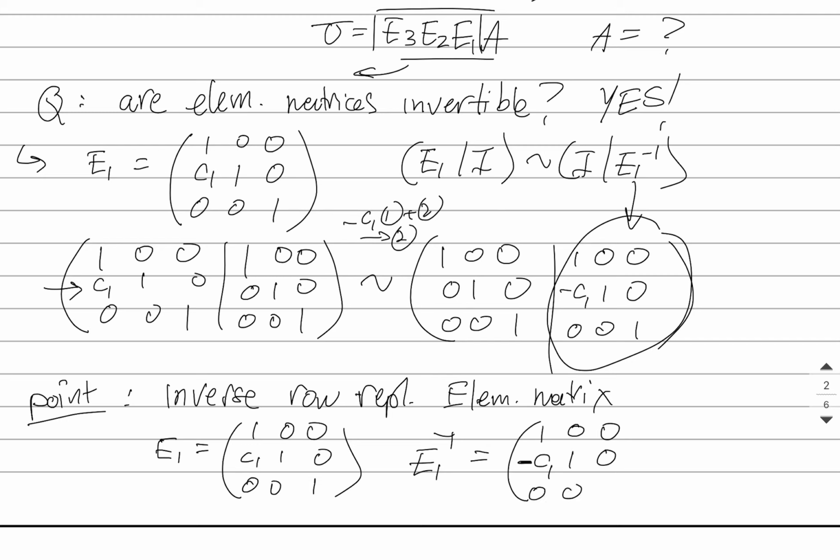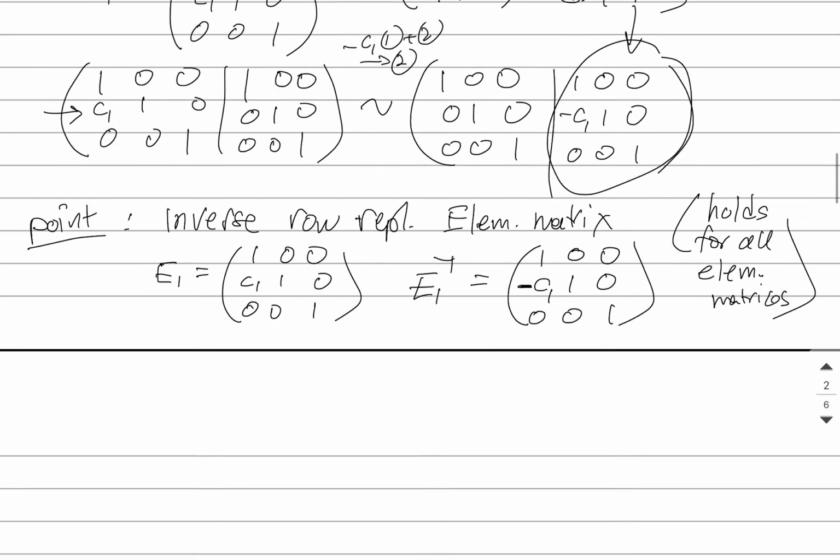All we are effectively doing is undoing the row operation. And this holds for all elementary matrices. I'm not proving it here, but the same argument can be applied for row swaps, for row replacements, for row scales.